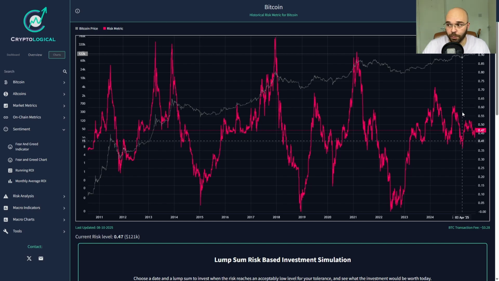And that would probably correspond to a risk level of around 0.7, maybe 0.75, 0.8, if you're pushing it. But either way, traditionally, if Bitcoin just does what it's done throughout its history, then we're looking at a pretty good October coming up. And then some of the cycle top indicators are probably going to start getting closer to their traditional values that correspond with the higher price of Bitcoin.